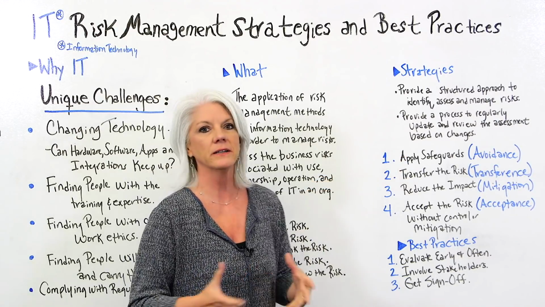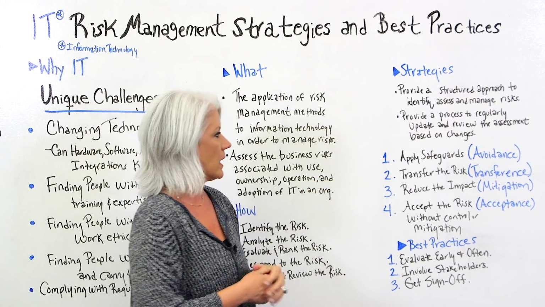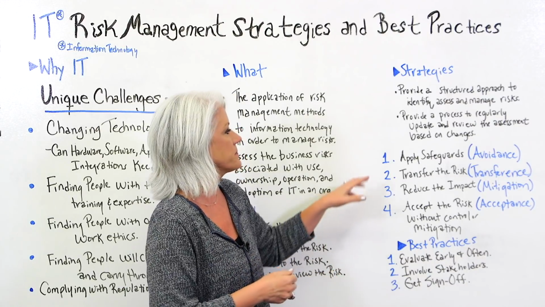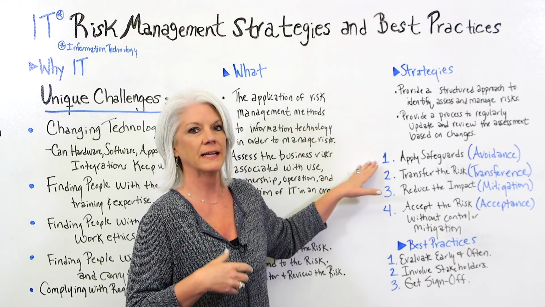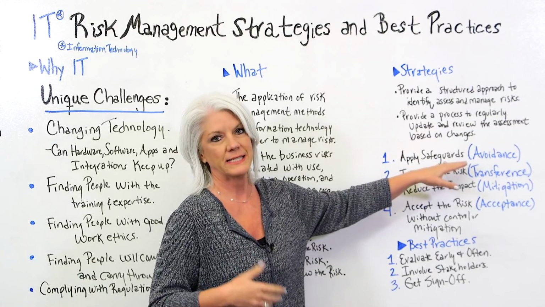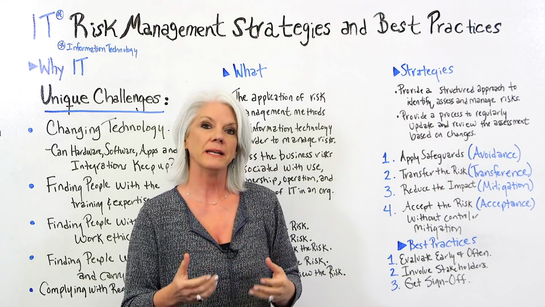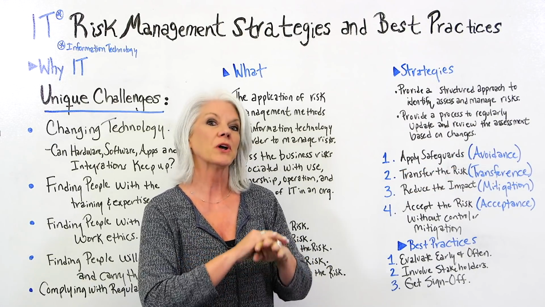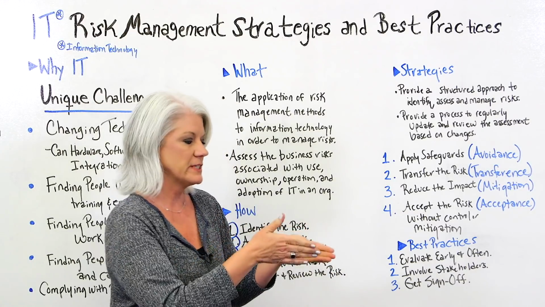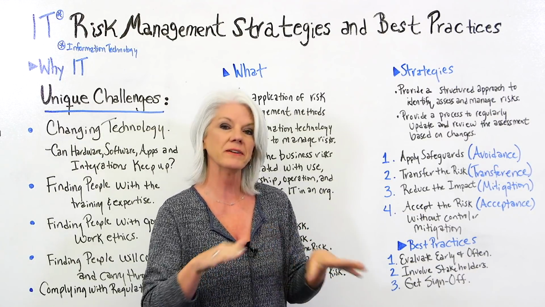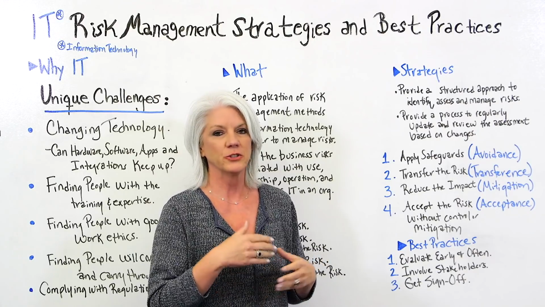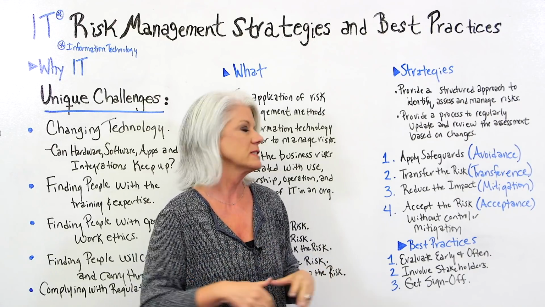And then, so here are common IT risk management strategies. So first of all, you apply safeguards. It's in avoidance. So a company may decide, we want to avoid those risks or this risk at all costs. So do everything you need to do, put all the strategies in place so we can avoid this.